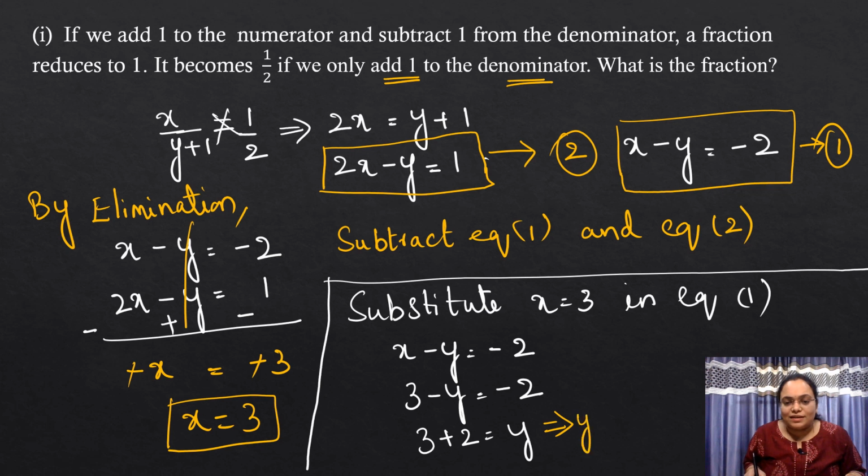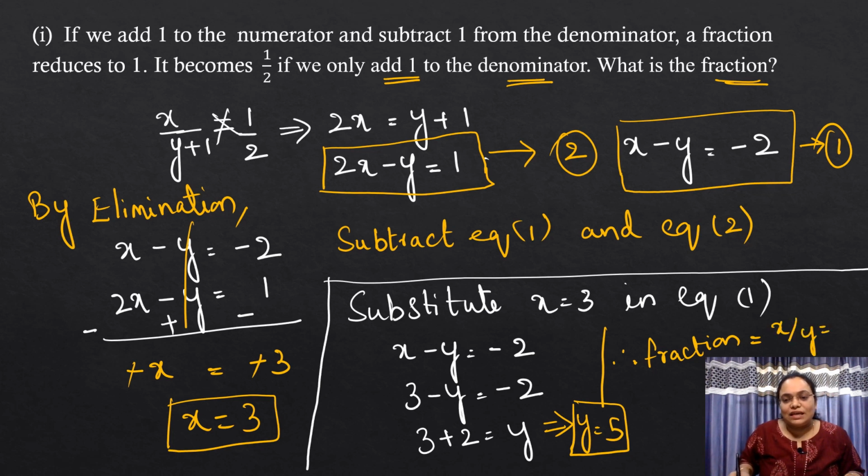So y is equal to 5. See the question, we need to find the fraction. Therefore the fraction is x by y, which is 3 by 5.